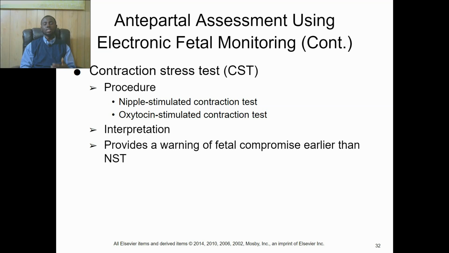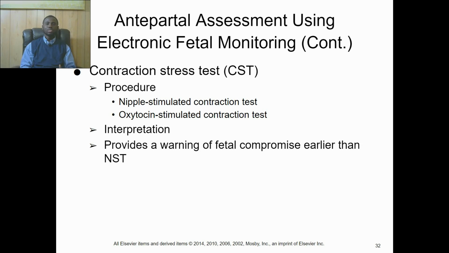The contraction stress test provides an earlier warning of fetal compromise than the non-stress test and produces fewer false positive results. Like most methods of antepartum fetal surveillance, however, it cannot predict acute fetal compromise, for example, umbilical cord accident or placental abruption, or rapid deterioration of glucose control in a woman with diabetes.